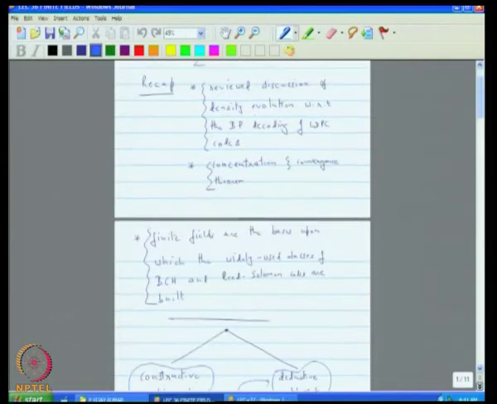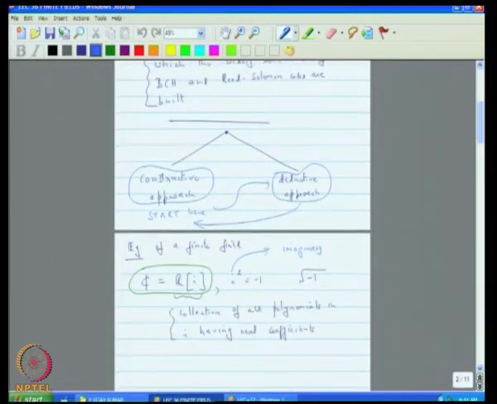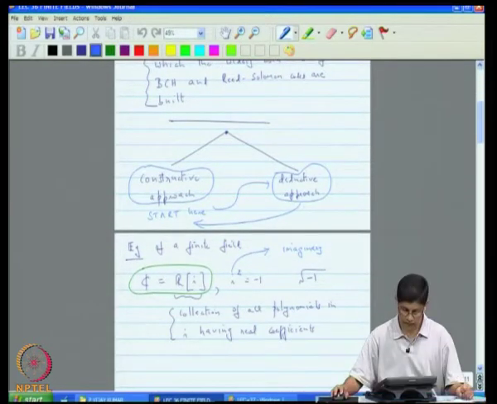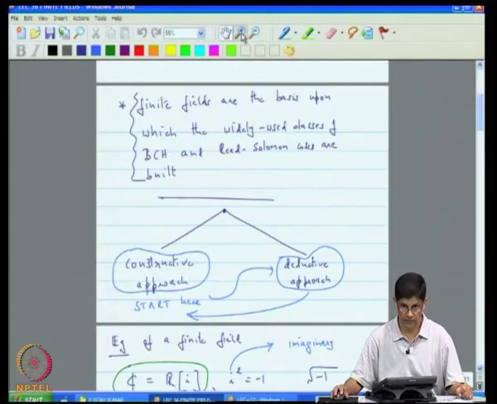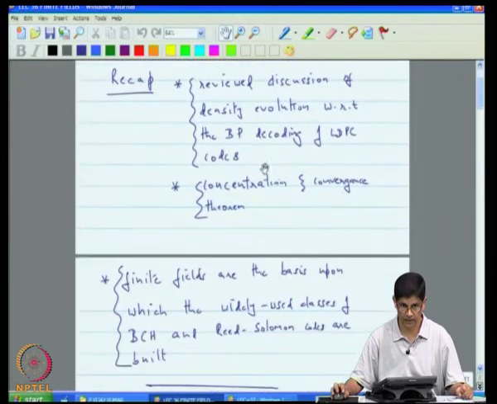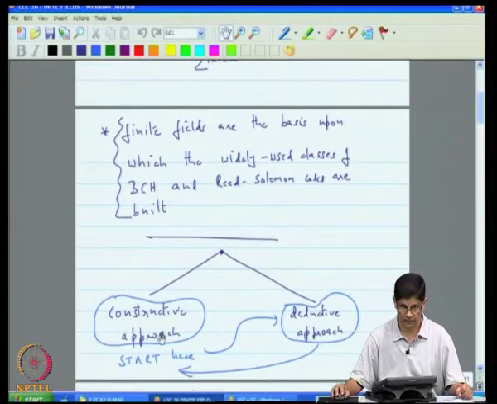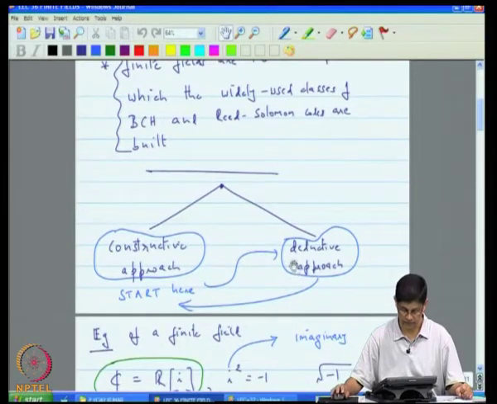I had begun by saying that we would follow two different paths. First, we will show how you can construct finite fields, and then after that we will deduce that the structure of the finite field that we do construct is in fact typical of the general class of finite fields.